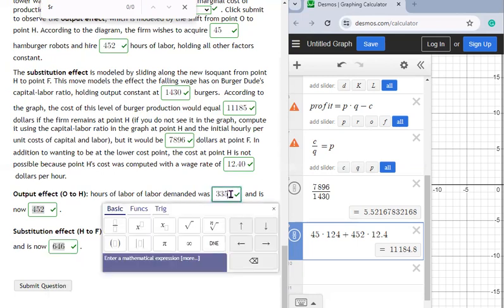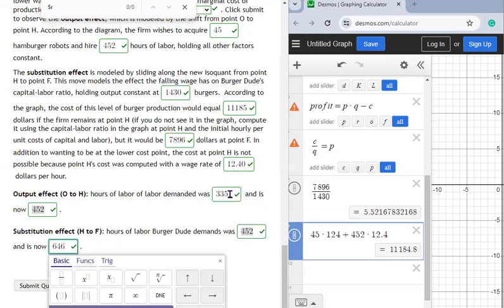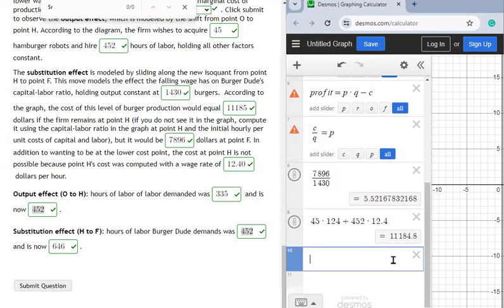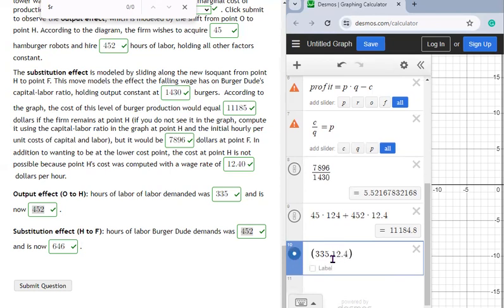So we can actually come up with an equation of that, right? Well, the points of such a labor demand curve would be what? The original point had a labor of 335 at a wage of what was the original wage? 12.4, right?